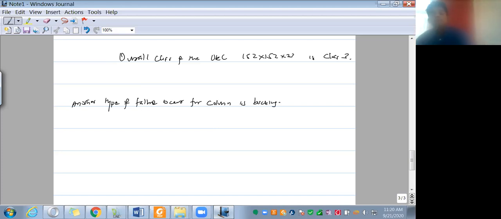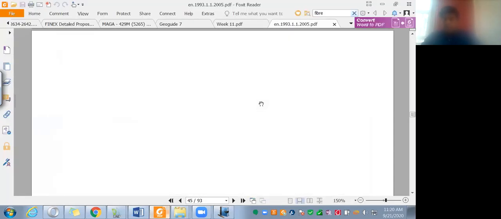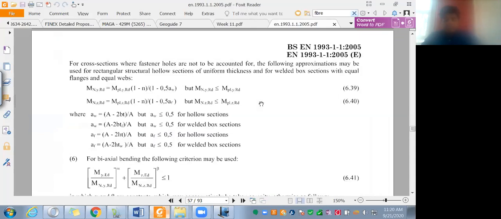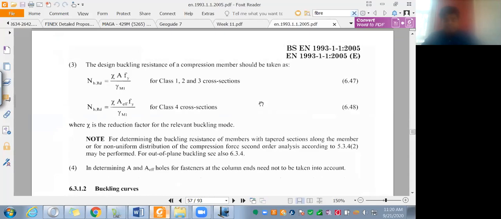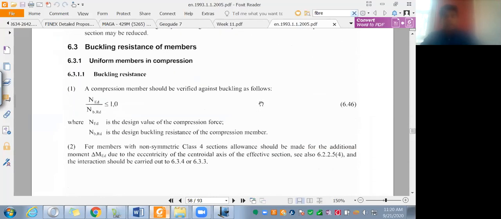So now if you take this and go to the code, we can see the buckling resistance.